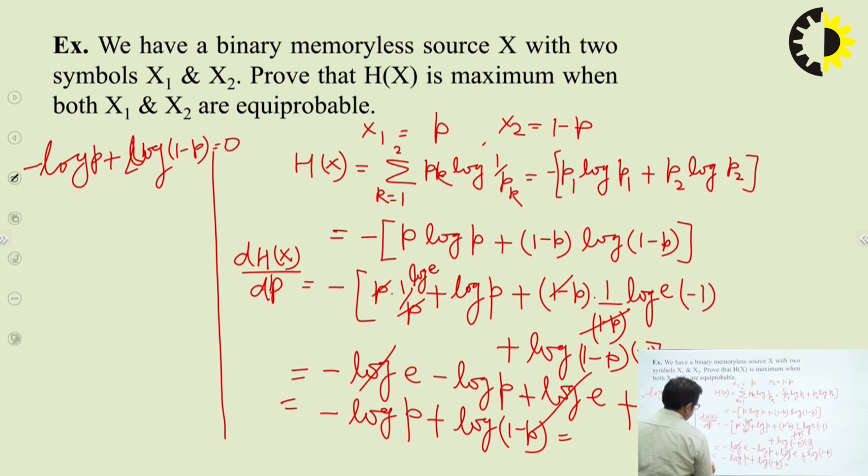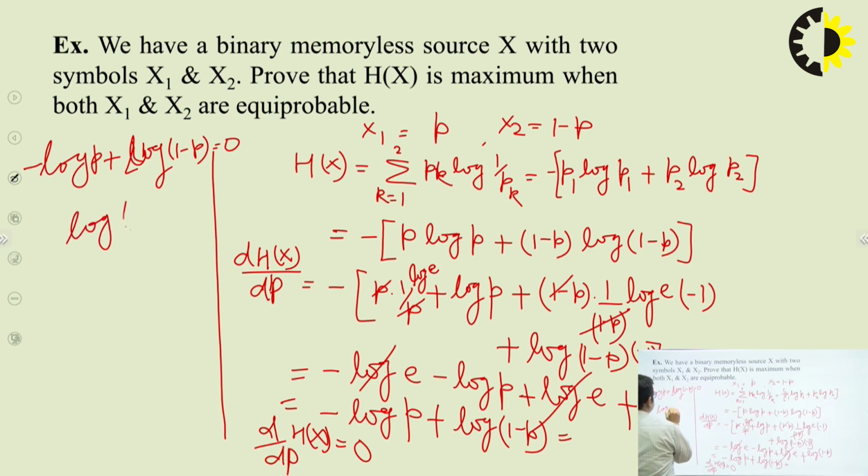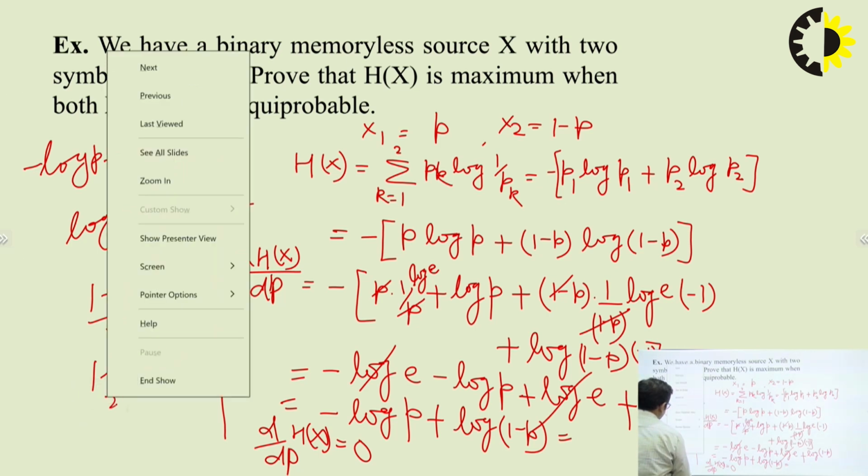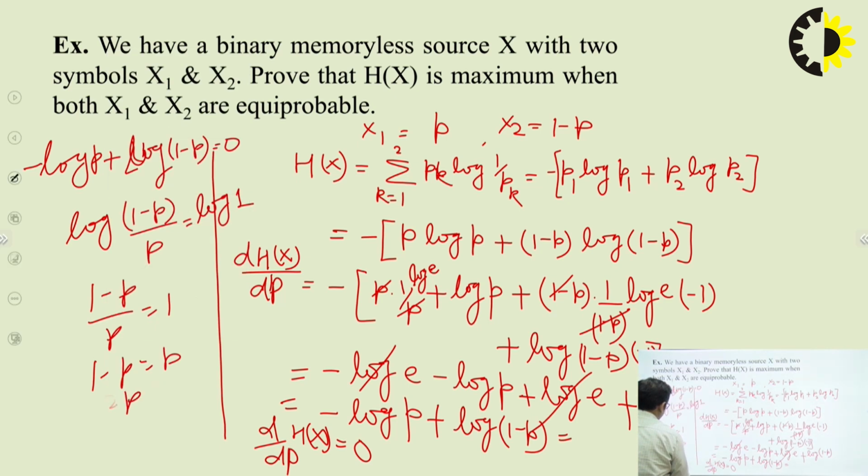When d by dP of H(X) equals 0, we can write this equation. Now, this equation can be written as log of (1 minus P) by P equals 0, which means (1 minus P) by P equals 1. 1 minus P equals P, 2P equals 1, and P equals half.